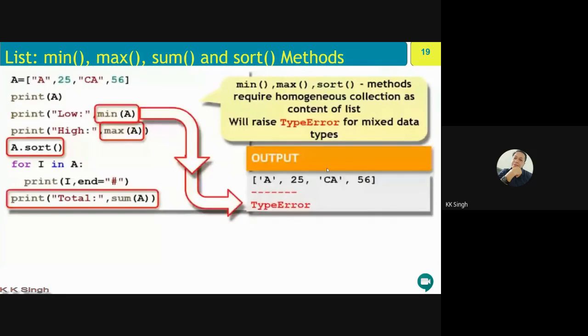But when you say print minimum A, since this is a heterogeneous list, 25 is a number, but A is a word. 56 is a number, but CA is a word. So minimum and maximum will give you an error, or it will raise the exception.